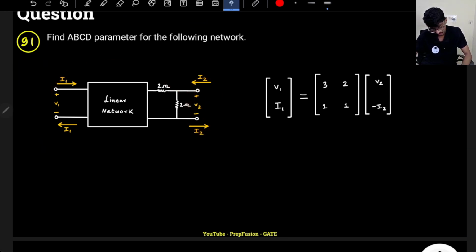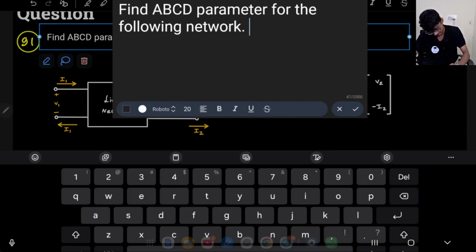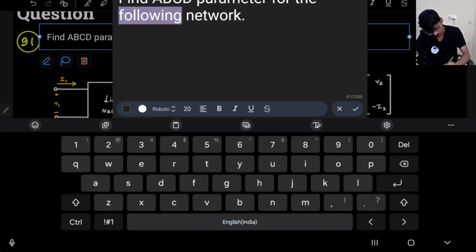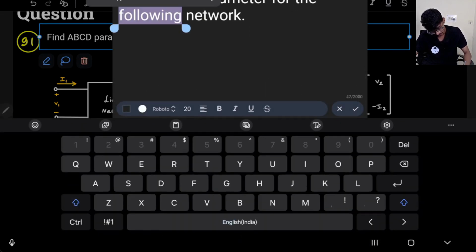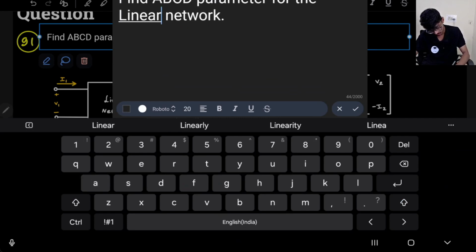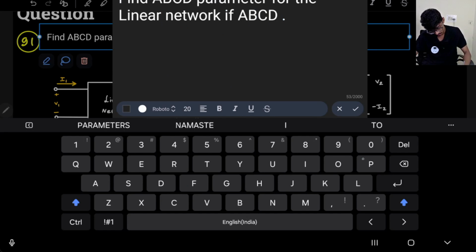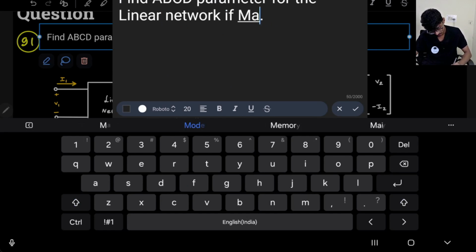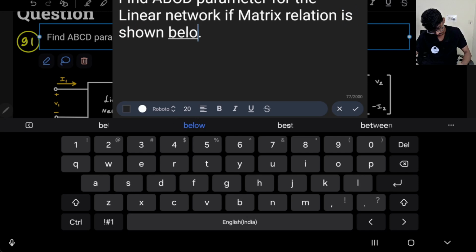Sorry, actually here the question should be: find the ABCD parameter of the linear network, if the matrix relation is shown below.